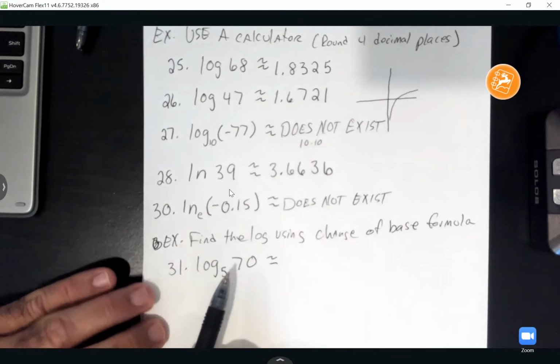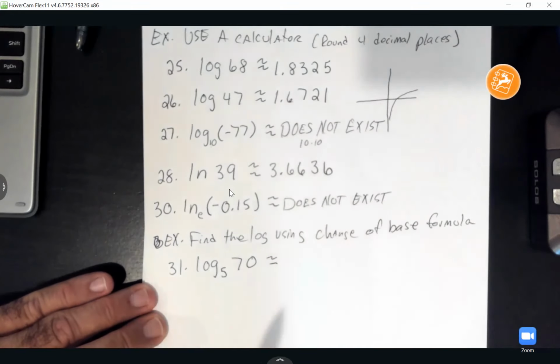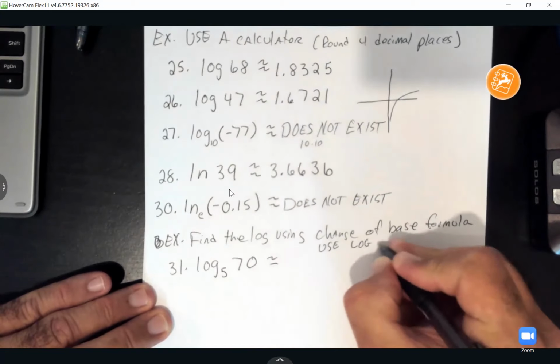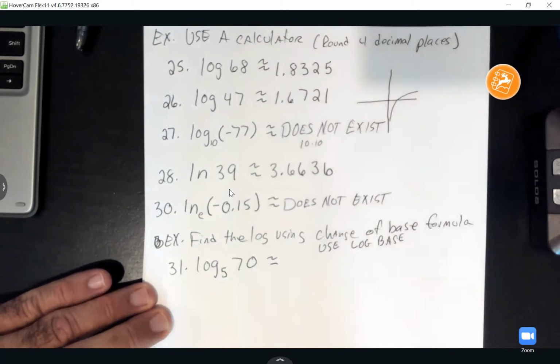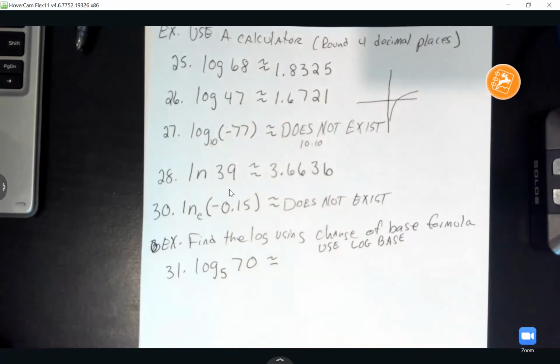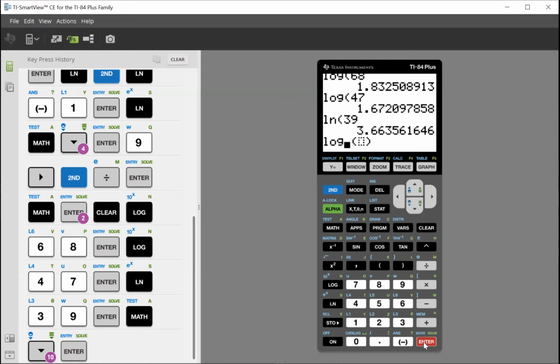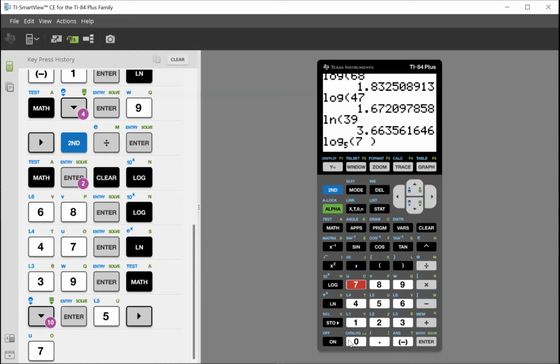We got a log base on our calculator that does this for us. So for these, we're actually going to use our log base on the calculator, okay? So you would pull up your calculator, go to math, arrow down to log base, hit enter. I'll put in my 5 for the base, arrow right, and put in my 70. Now, y'all, before I get the answer, let's think about this.